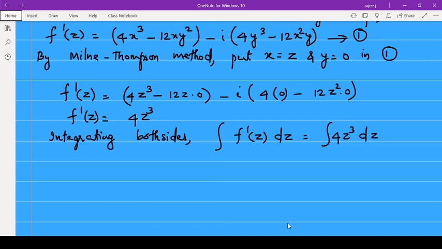So just integrate that one. The integral of f dash z will become f of z, which is equal to 4 into z raised to 4 by 4 plus the constant of integration. So you are getting f of z is equal to z raised to 4 plus c. This will be the analytic function.